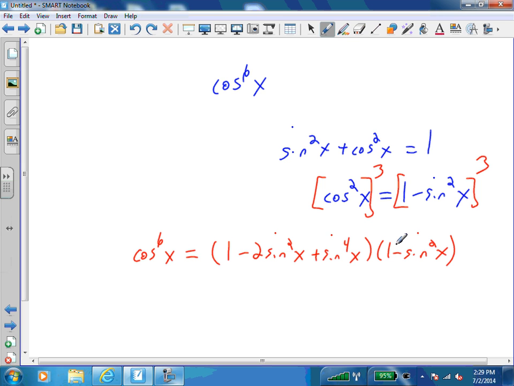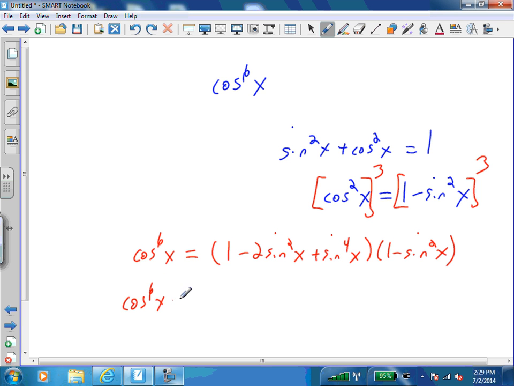I've got to cube that, so that's 1 minus sine squared times 1 minus sine squared times 1 minus sine squared. If I multiply two of those together, we get this. Just use the shortcut for squaring. 1 squared, sine squared squared, the product, that'll occur twice. Then we're going to take that and multiply times that.